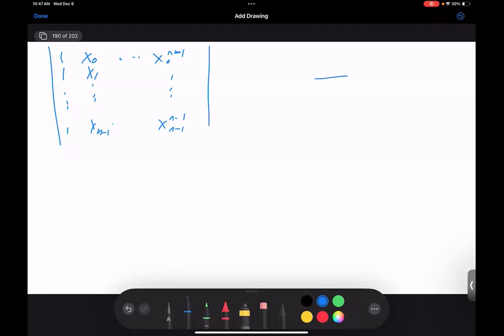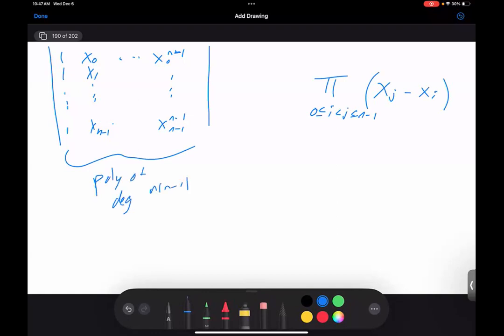And over here we have the product, 0 less than or equal to i less than j less than or equal to n minus 1, of xj minus xi. And so this is a polynomial of degree n choose 2. So there has to be some constant such that they're equal.